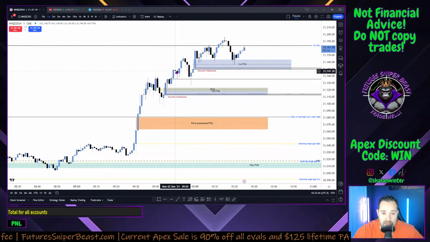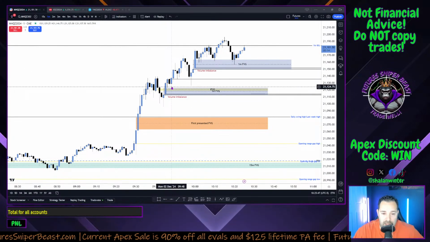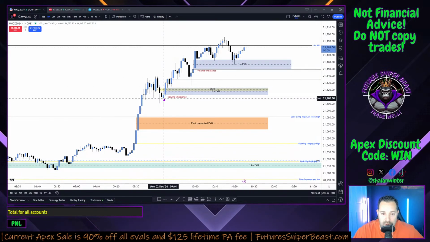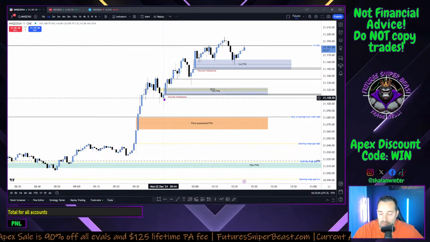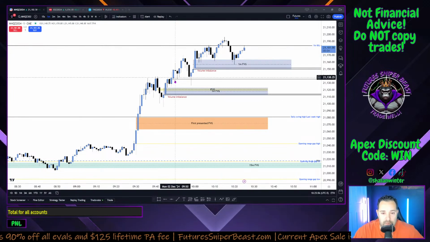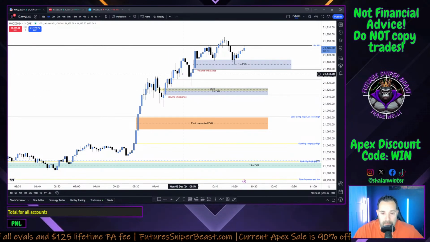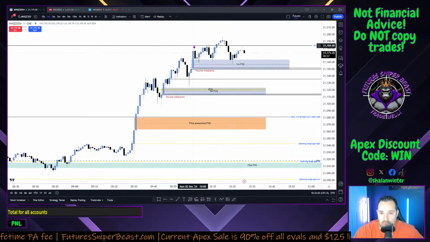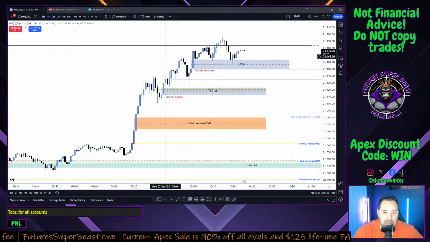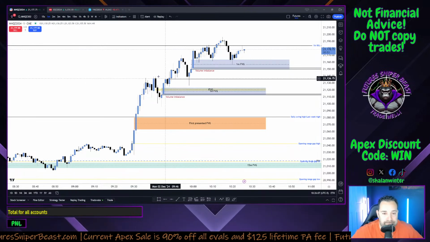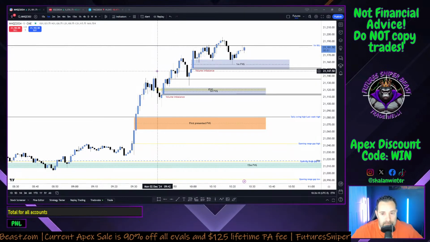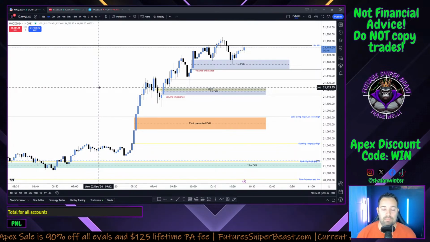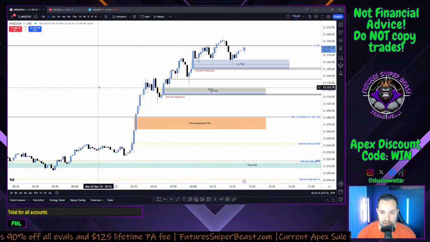But that's the risk. You got to have your stop. The safest place would have been under here, but that would have been 44. And let's say it was under here. Yeah, we're looking at a 30, 40 point stop. And then from 44 up to 84, that's 40 points. But I'm not there yet. I'm not taking anything other than my fair value gaps.